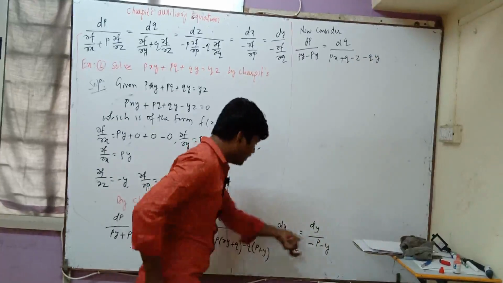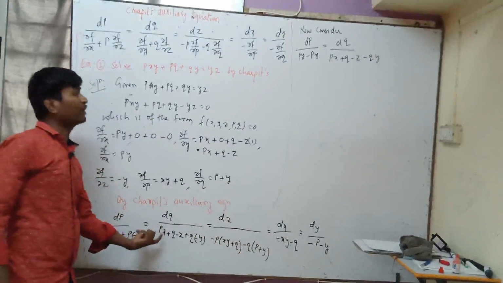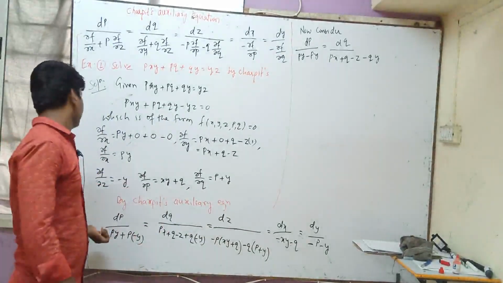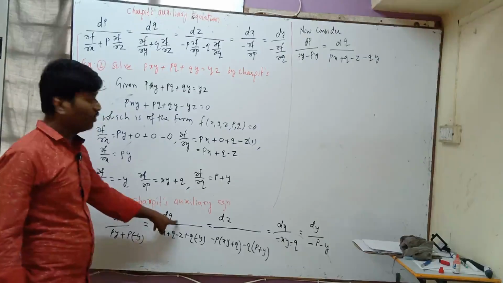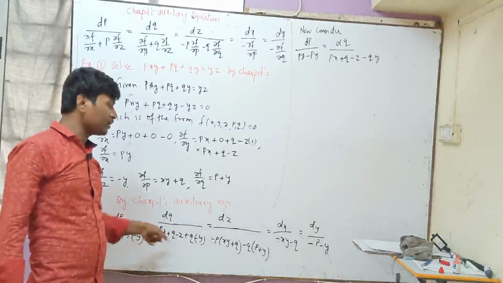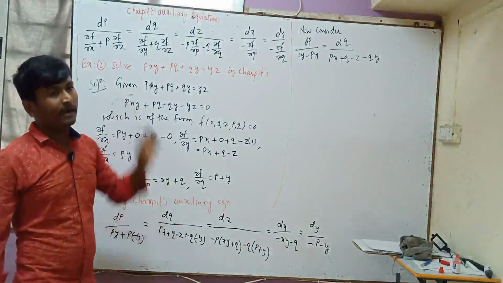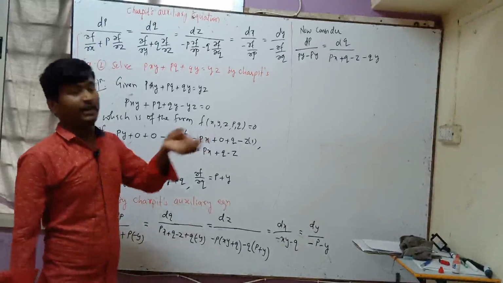I am not taking all three auxiliary equations, only these two, because, as I already noted, dz = p dx + q dy is easily integrable.